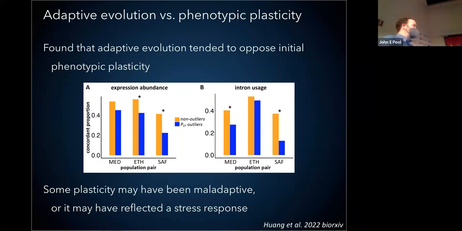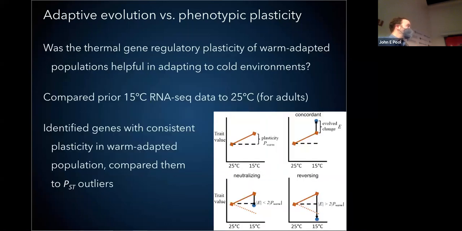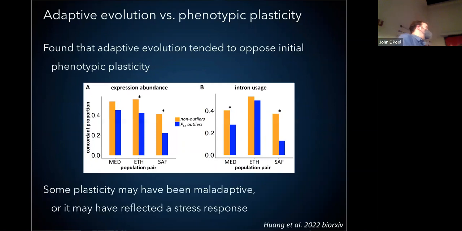Maybe some of those plastic responses are just not a good idea, and you want to get expression back to the universal optimum. On the other hand, some of this could actually reflect the idea that some of what we're calling plasticity may actually reflect sort of a stress response in the warm adapted population. Whereas in the cold adapted population, their adaptation may be sufficient to avert that stress response. And so you see the cold adapted population kind of back near where the expression started out. That would be an adequate explanation as well.